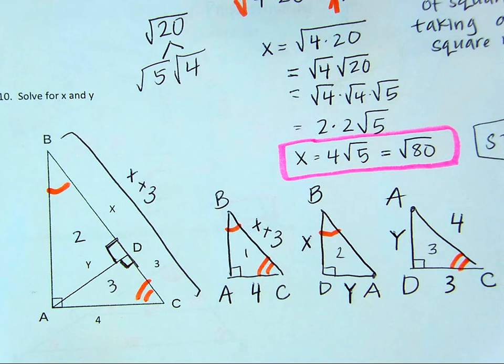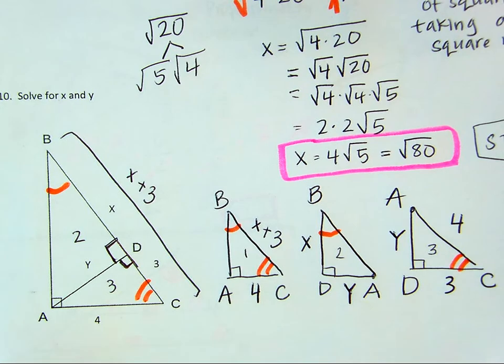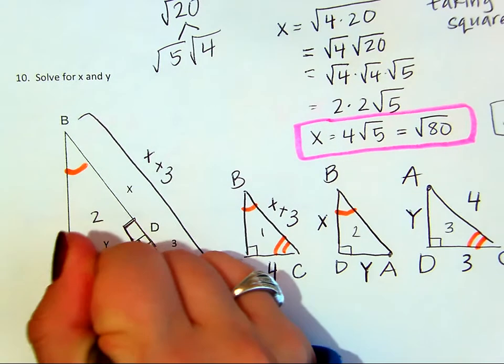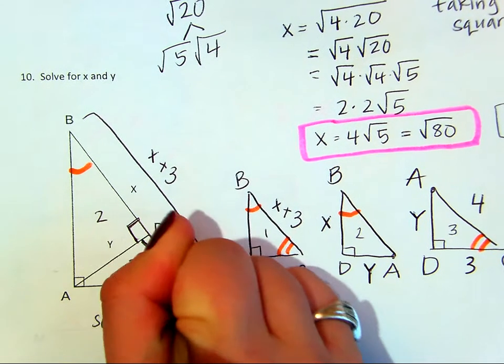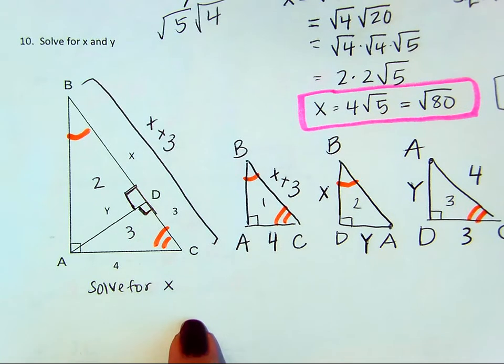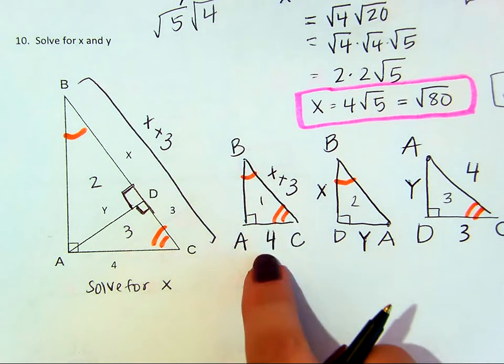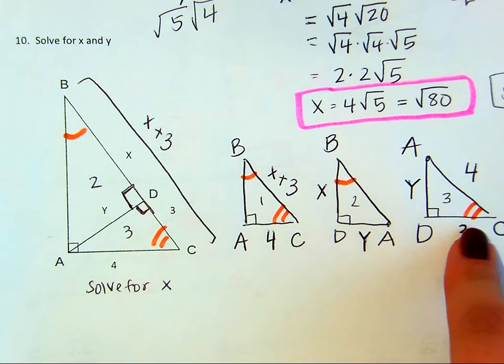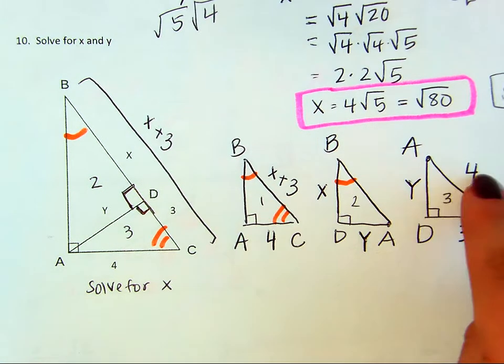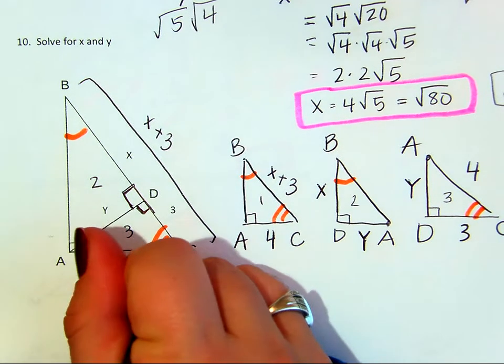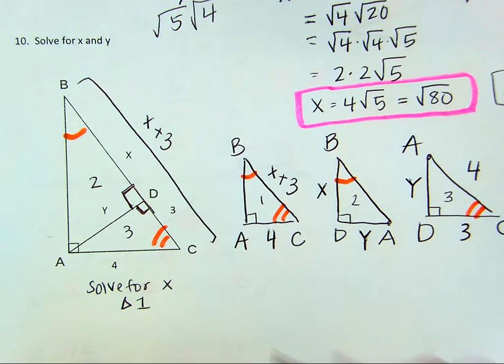We have a choice here as to what we want to solve for. I'll start off with solving for X first. So I need a proportion with my X's. I have information on triangles 1 and 3, so let me compare triangle 1 with triangle 3.